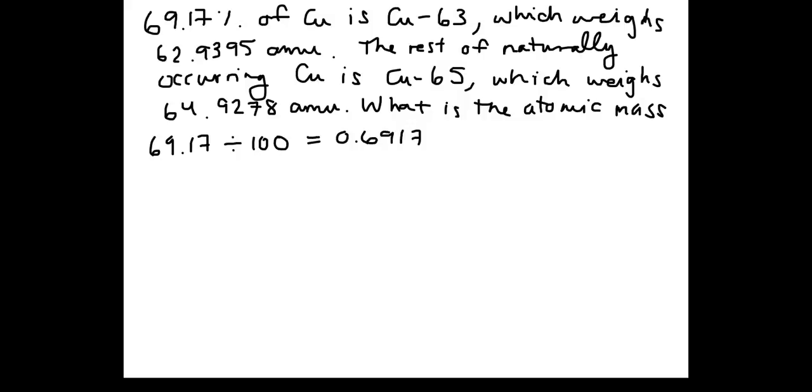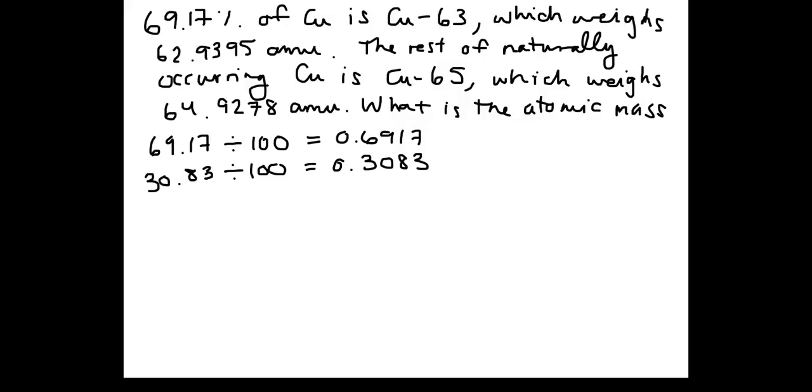And what did you get for the percentage of copper 65? 30.83. Okay. Divided by 100 equals 0.3083. Okay, so those are your decimals.